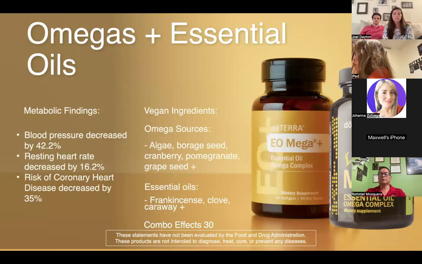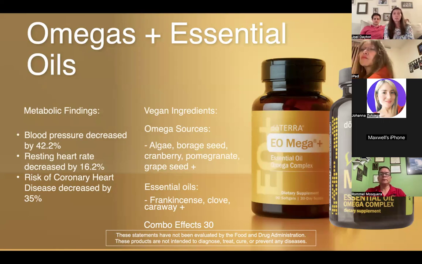Something that I do like to differentiate, when we have patients that we're working with who are more predisposed to higher levels of triglycerides and cholesterol, is that we sometimes find the liver does better with the vegan sources of omega compared to the fish oils. Those vegan sources are the black and yellow bottle there, the VE omega.